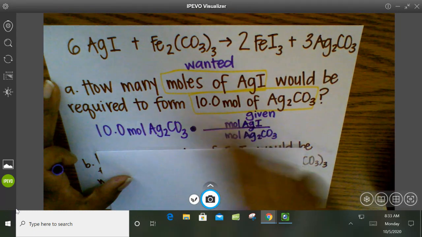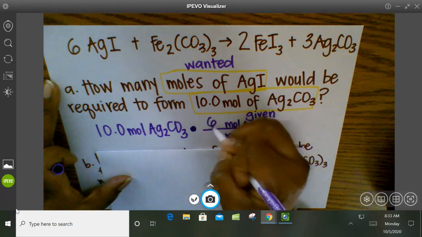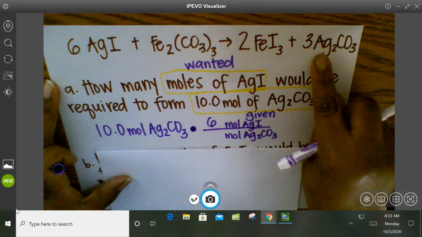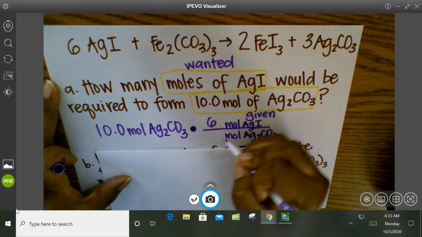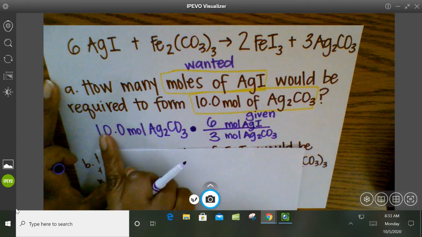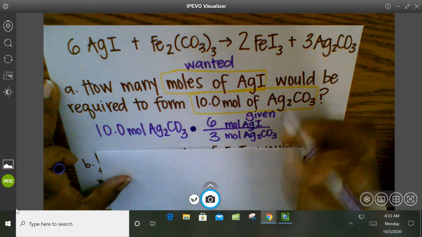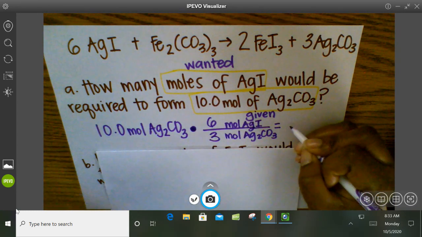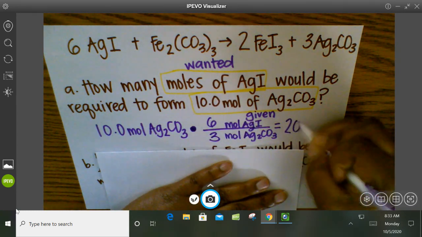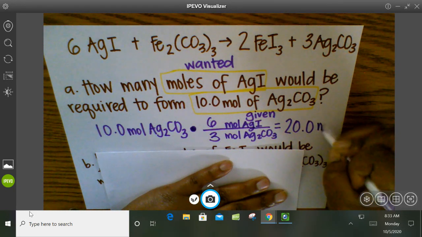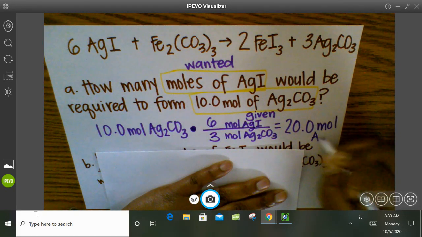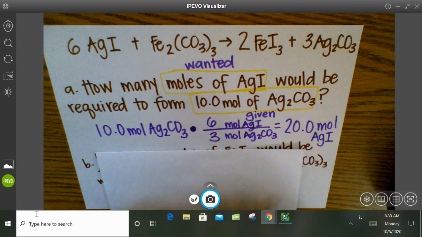The coefficient for AgI is 6. The coefficient for Ag2CO3 is 3. So it's going to be 10 times 6 over 3, which is 20 moles of AgI.